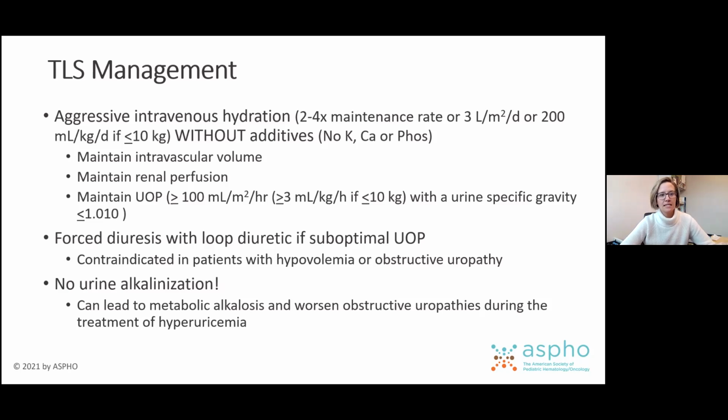The goal is to maintain intravascular volume and maintain renal perfusion, and also maintain a high urine output in order to excrete some of these electrolytes. We can increase urine output by using diuretics if it's suboptimal. However, this should not be used in patients who have hypovolemia or any kind of obstructive uropathy going into it.